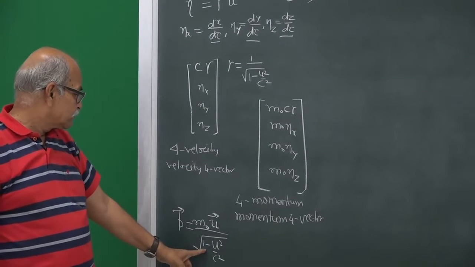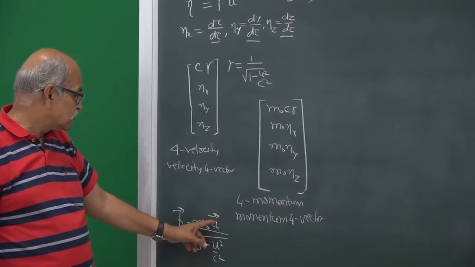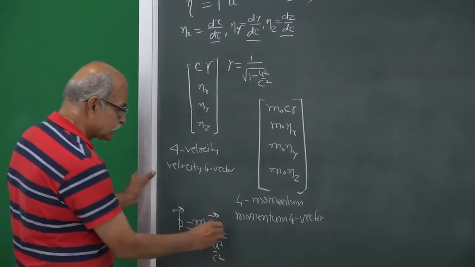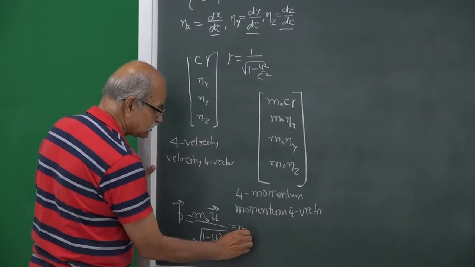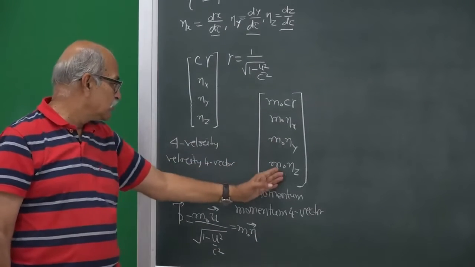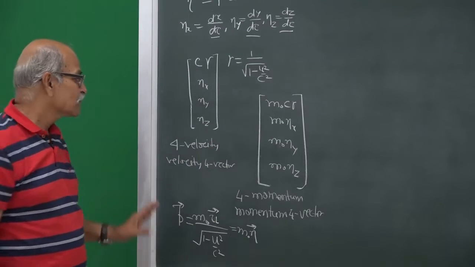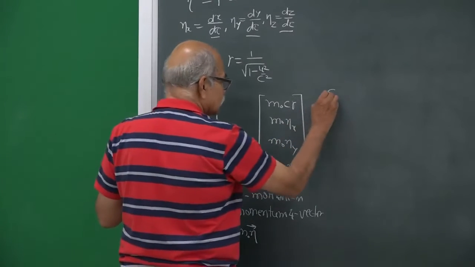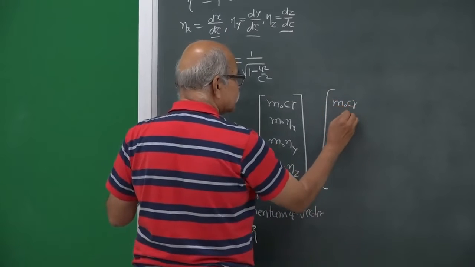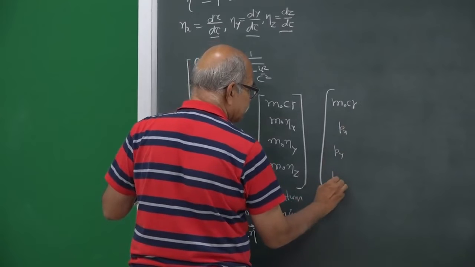So, this is m naught times gamma times this velocity, and this is your eta. So, this is m naught times eta, and hence these are components of linear momentum in x, y, z direction. So, this is your px, py, pz, m naught c gamma here, and then px here, py here and pz here.